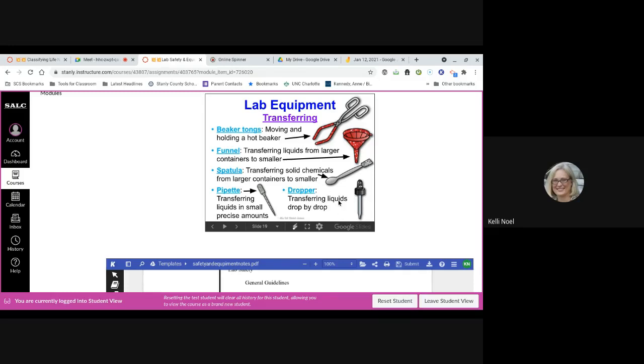A lot of droppers are now pipettes. If you think about a little kid getting medicine, you call it a medicine dropper. It's got precise amounts on it. It's really a pipette, but we just interchange those two a lot. So if it's got measurement marks on it, it's a pipette. If it doesn't have measurements, it is a dropper.